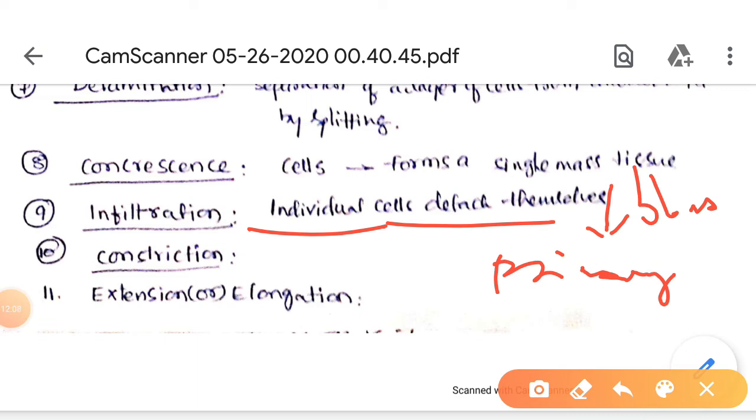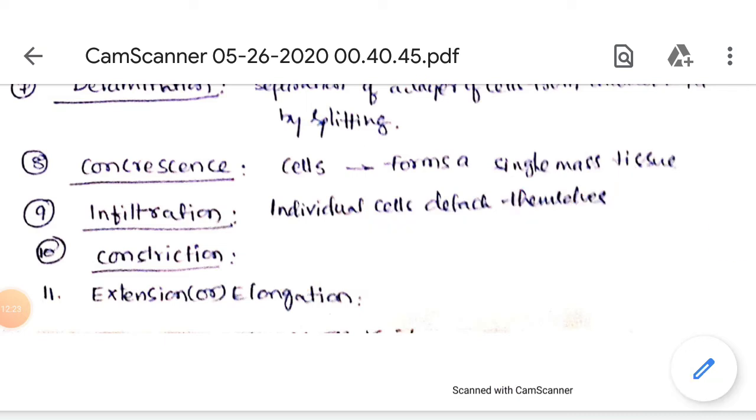Here these cells arrange themselves to form a layer of endoderm cells.